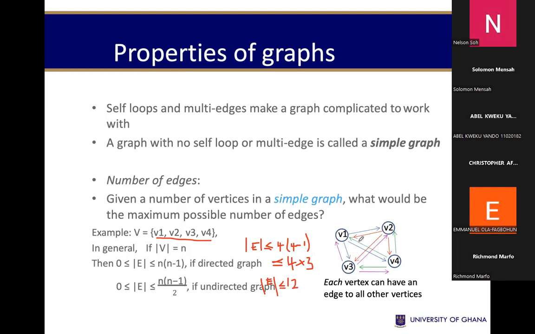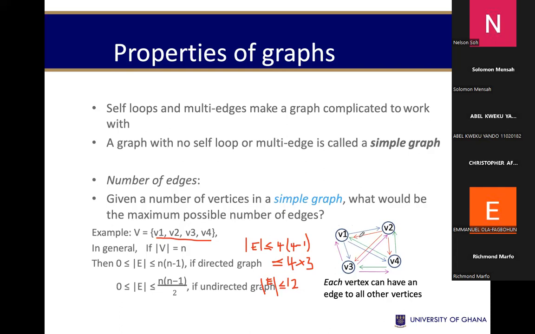I don't know whether you can see that. Because it is a directed graph, you can easily do the counting. Directed means that it is going to go in all directions. So I'm going to have 1, 2, 3, 4, 5, 6.